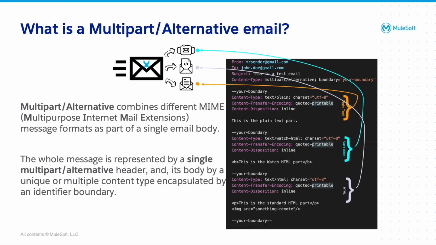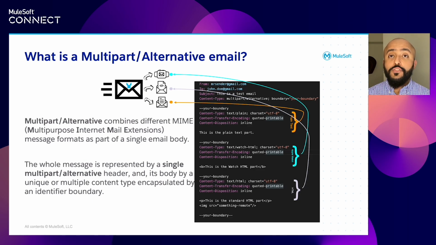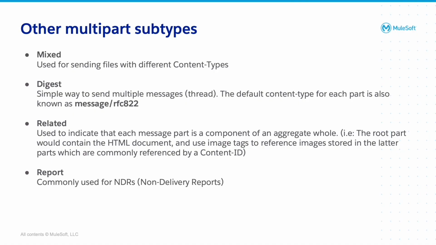A multi-part alternative email is wrapped by a single content type called multipart alternative, and also uses something called a boundary, which is used to define every single content type used in that email message.